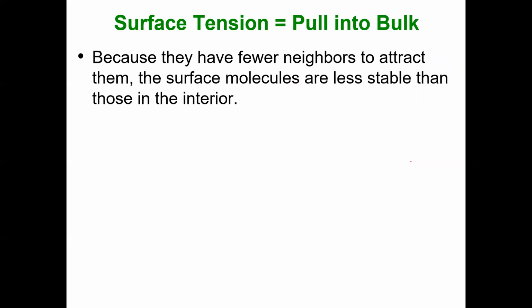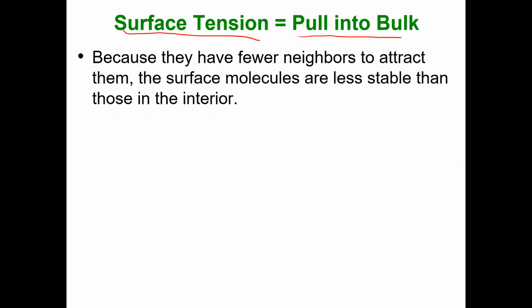So now that we talked about the meniscus and reading the surface of the meniscus, looking at its shape, let's talk about what happens at the surface of liquids and surface tension. Surface tension is basically the attractive force pulling the surface molecules into the bulk of the liquid. So at the surface, there are not as many neighbors as if you're in the bulk of the liquid.